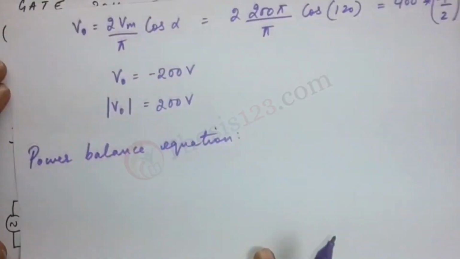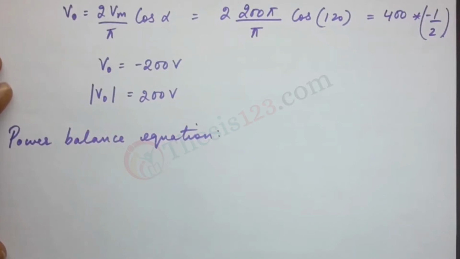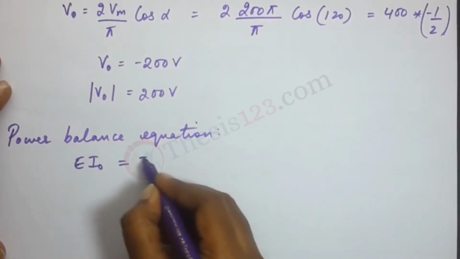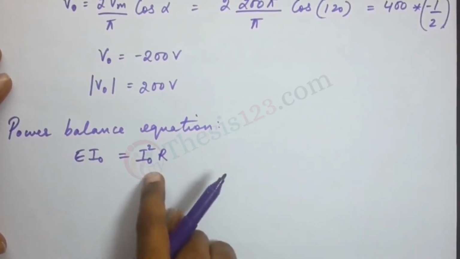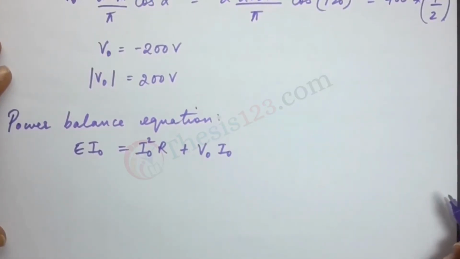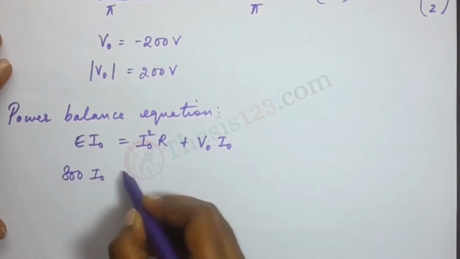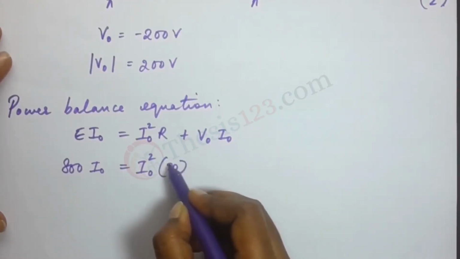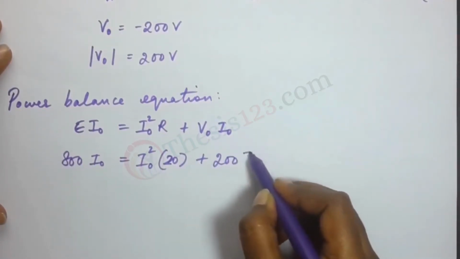So I'll write that down here. E into I0 is equal to I0 square R, that's the power across the resistor, plus V0 I0, the real power. We have the value of E as 800, we don't know what I0 is. We have the value of R as 20, plus V0 we just found, 200.